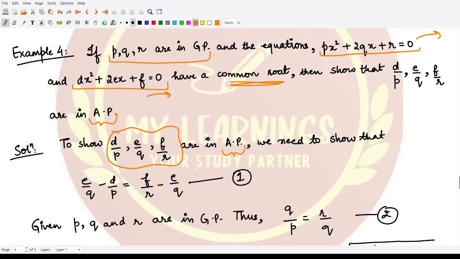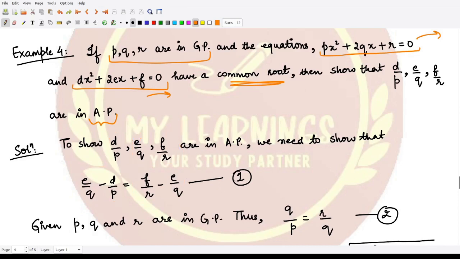So when you subtract d/p from e/q, that should be exactly equal to when you subtract e/q from f/r. So let's mark this as equation 1, and this is what we wanted to prove here.